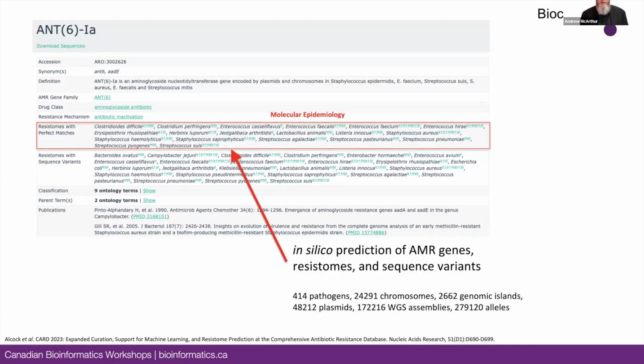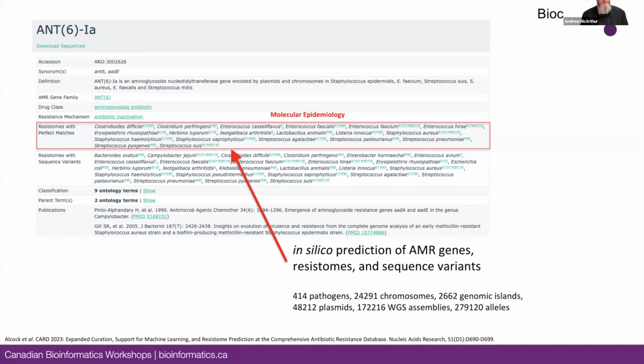This is an older data set. We analyze them all and we find 279,000 variants. This now tells us which genes are in which pathogen and which variants are in which pathogen, which are associated with genomic islands or plasmids or chromosomes. And this is a baseline amount of epidemiological information.